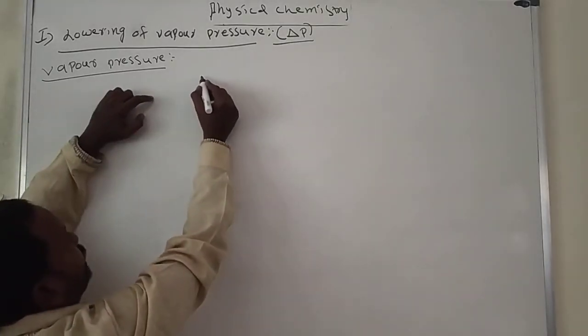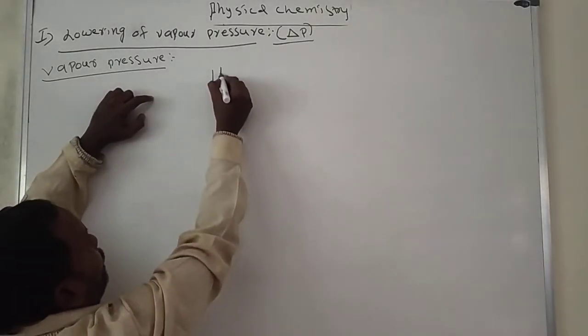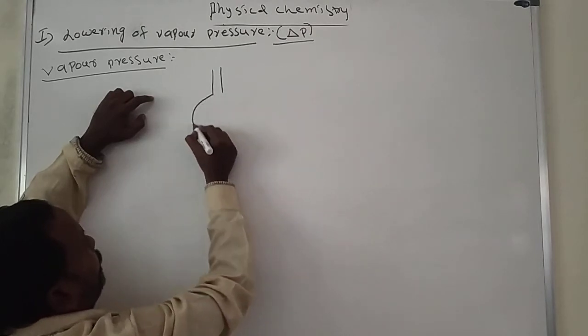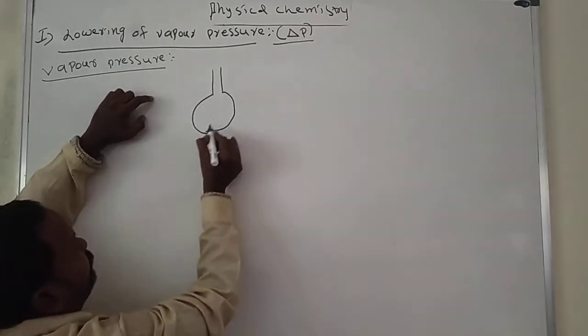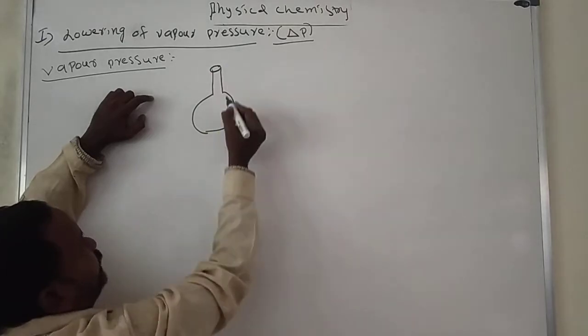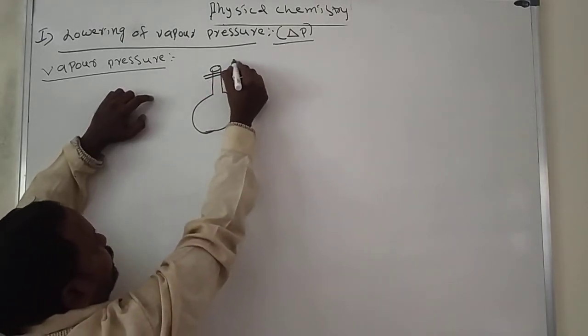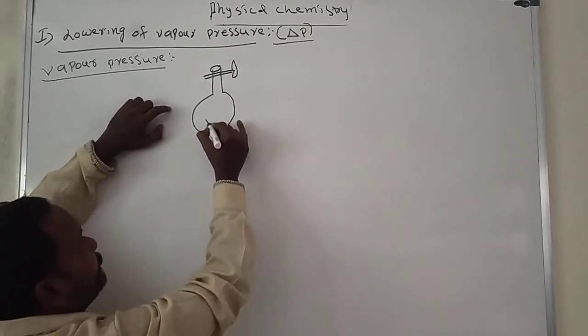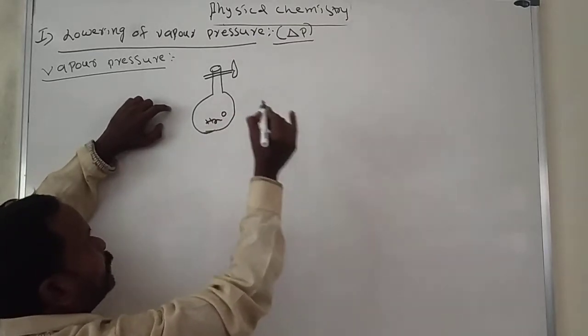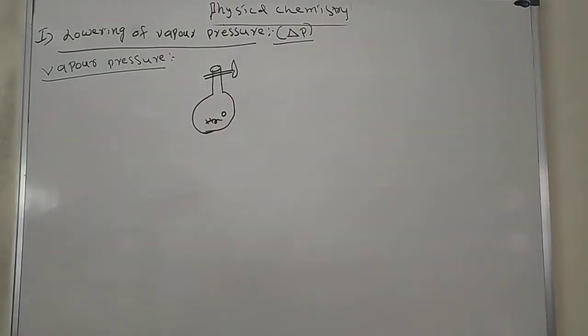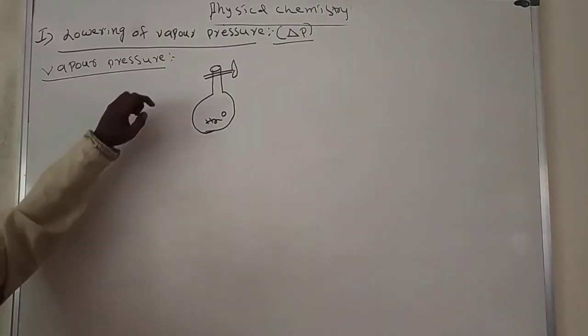See here, you take one container. Here I am taking one container. This we call a round bottom flask. Then you close it. Before closing, you take some amount of water. Keep it like this for 4 or 5 days. What happened?